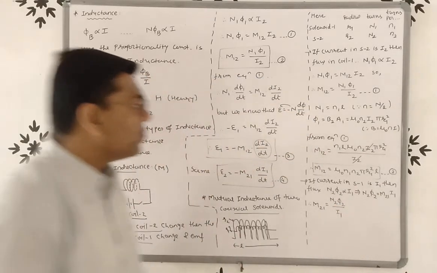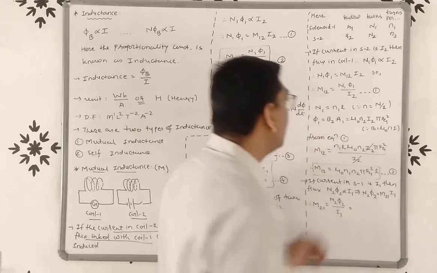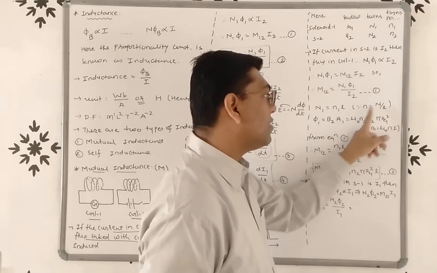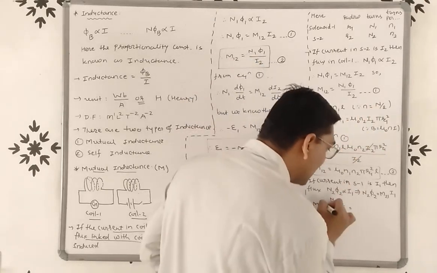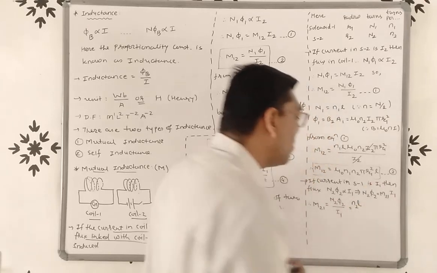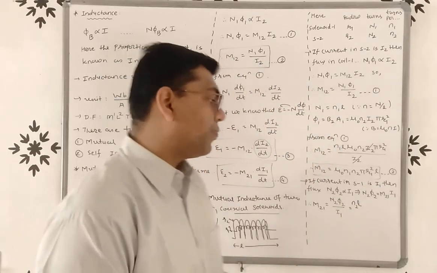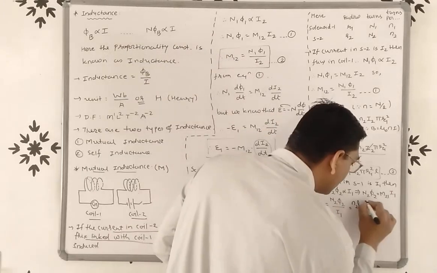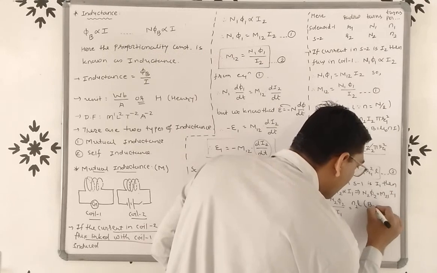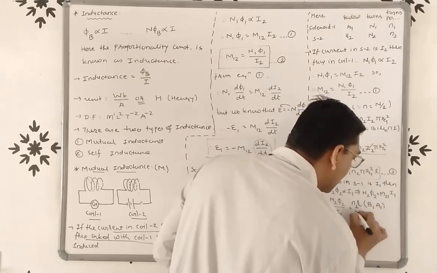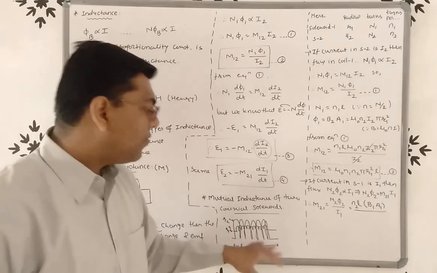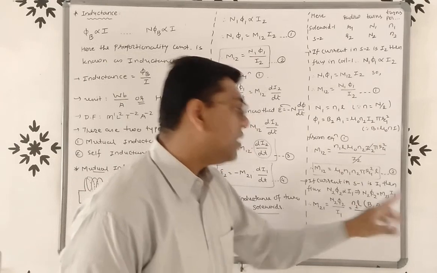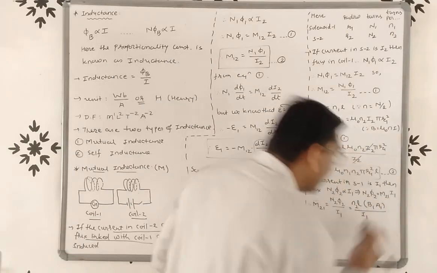We know that small n is equal to capital N upon L, so capital N2 is small n2 into L. Phi 2, the flux in coil 2, is equal to B1 into A1, because we consider the flux through the area of coil 1. So M21 is equal to n2 L times B1 A1 upon I1.